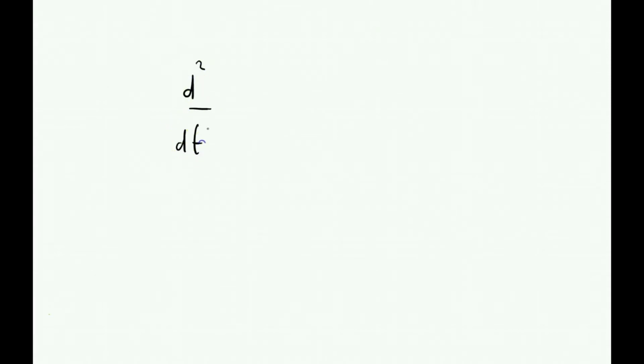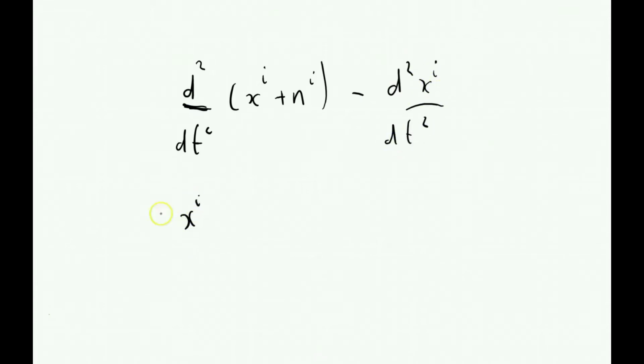d²/dt² of xi plus ni. So this is the acceleration of xi plus ni minus d²xi/dt². Xi, or x, the vector, I guess, is a function of time for a freely falling particle.